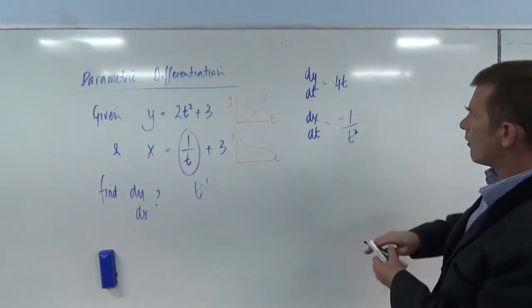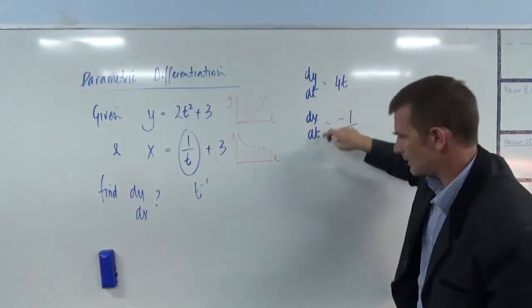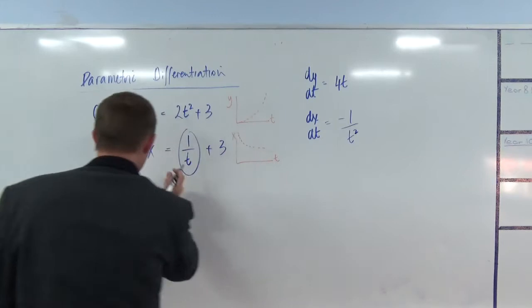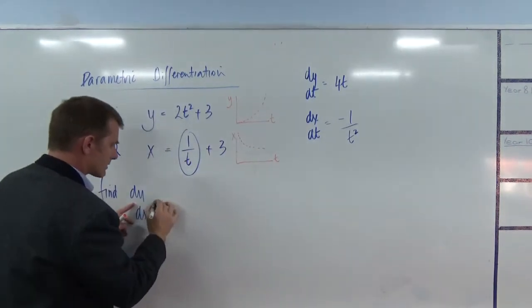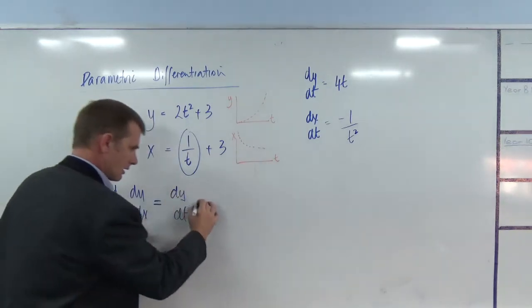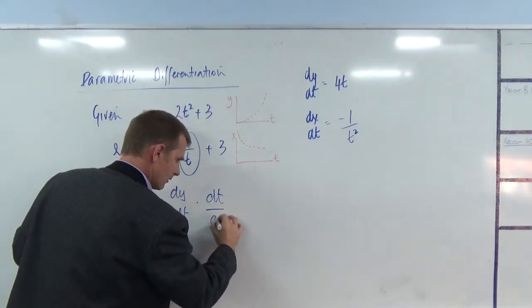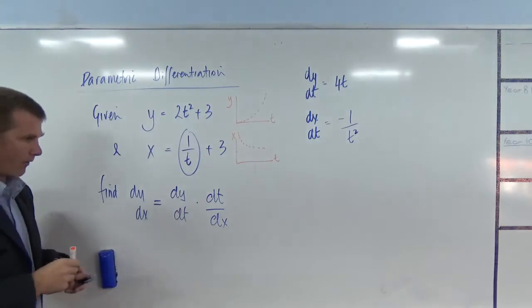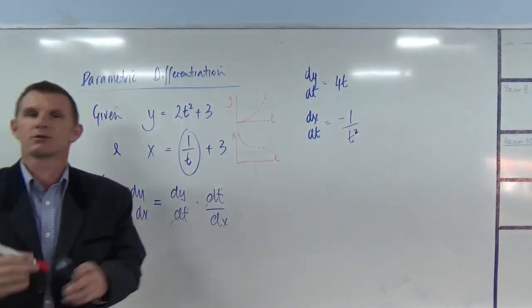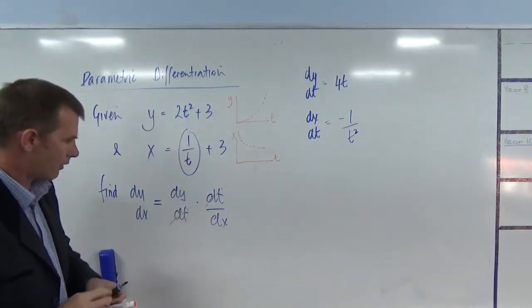So now I've got dy dt and dx dt. But again, I don't want any of them. What I can do is recognise that dy dx is equal to dy dt times dt dx. And what that allows me to see is that these cancel out like fractions, not really, but kind of.